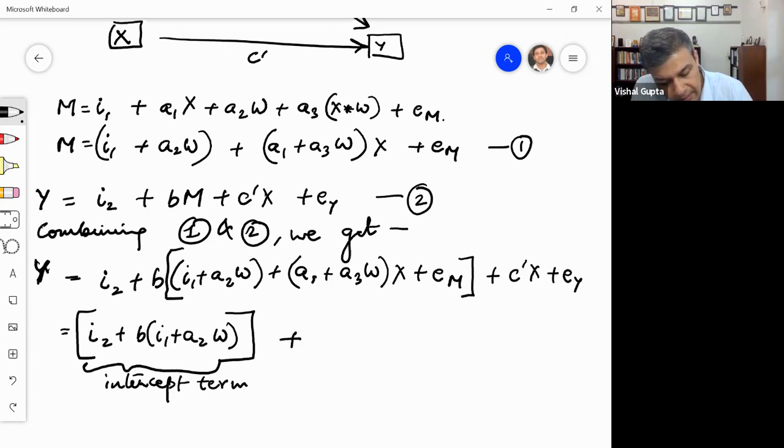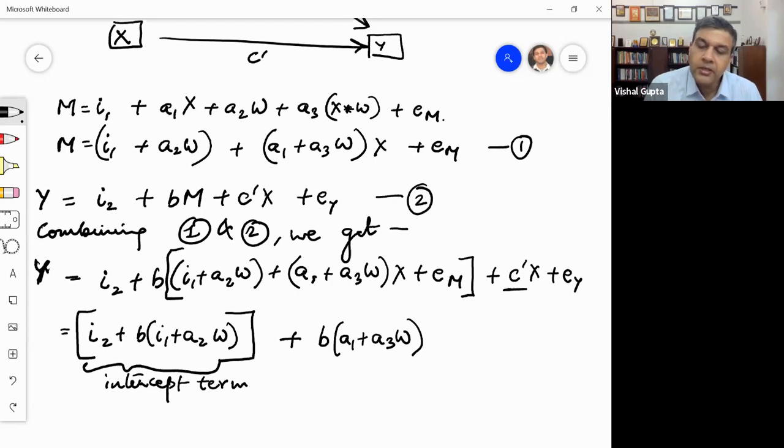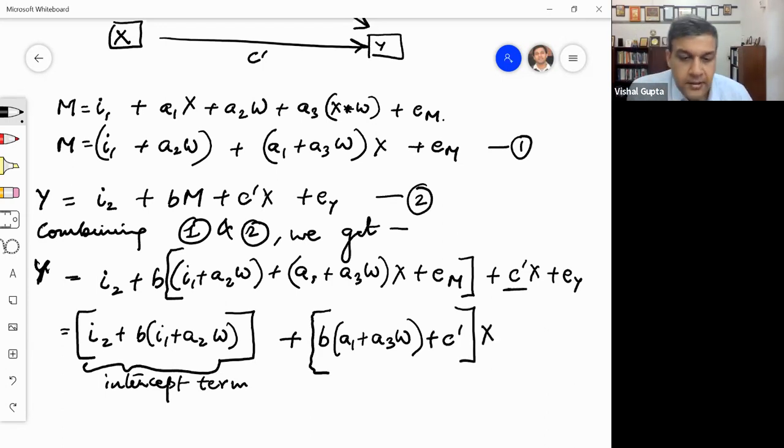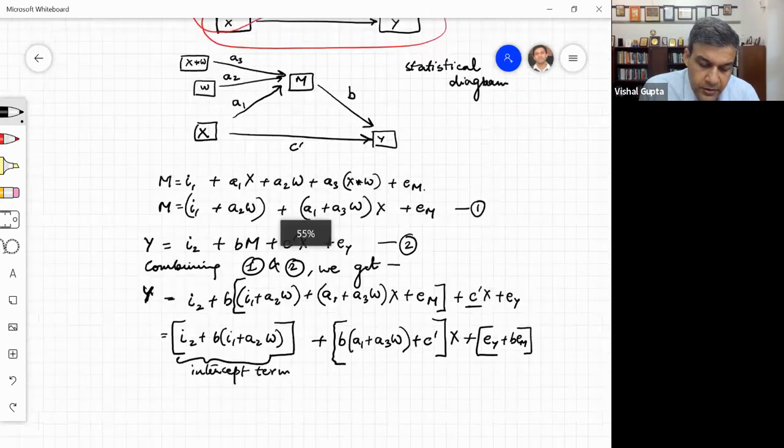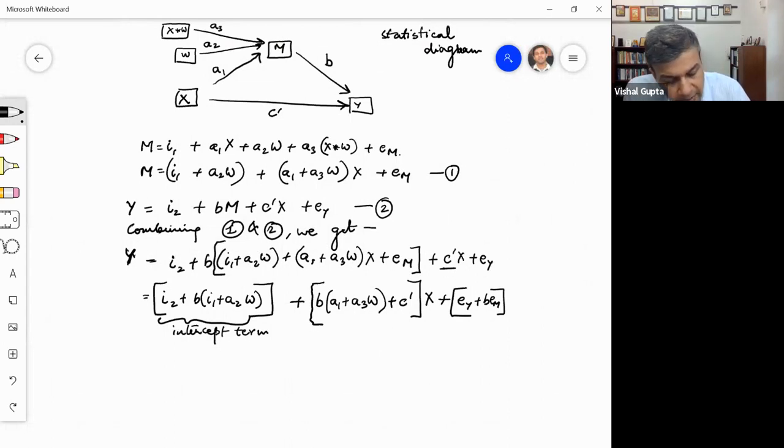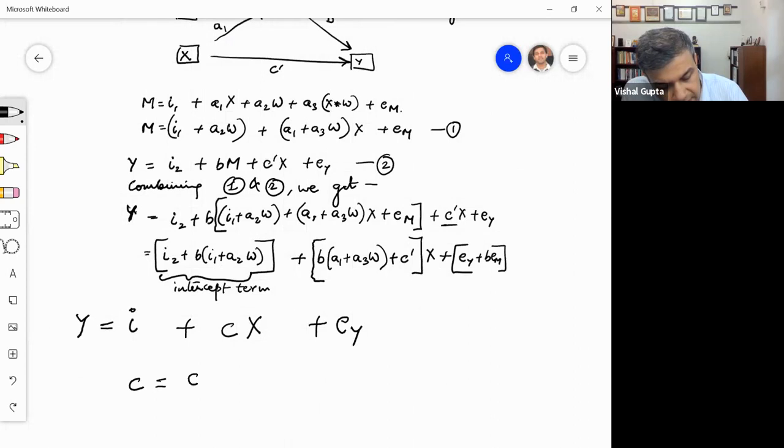Then I get B times (A1 plus A3W), and I bring in C dash also because I want to club the terms common to X. So plus C dash, here this is X, and I get the residuals E of Y plus B times E of M. This is what I get when I solve my equation. So I can write my overall equation in this form: Y is equal to I plus CX plus E of Y, where C is equal to C dash plus B times (A1 plus A3W).